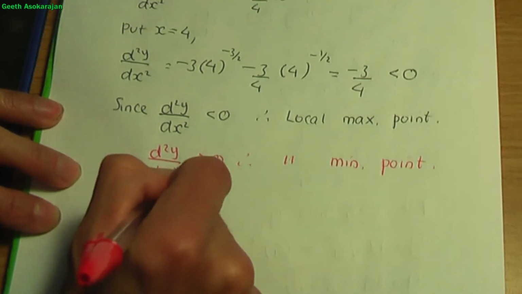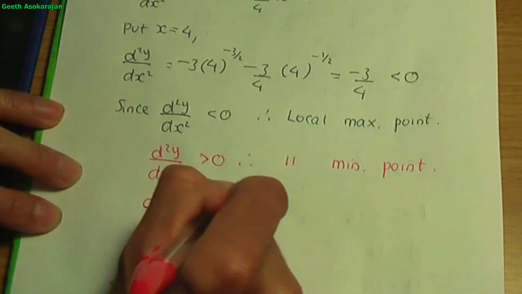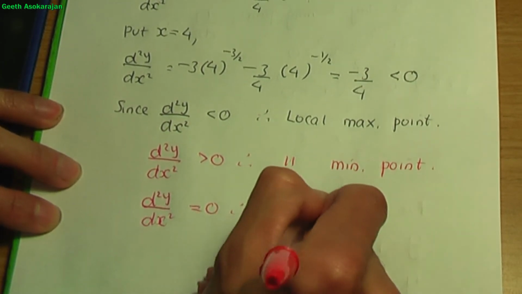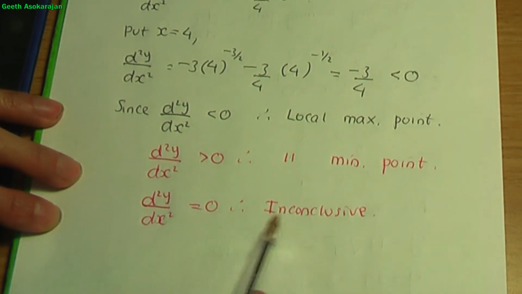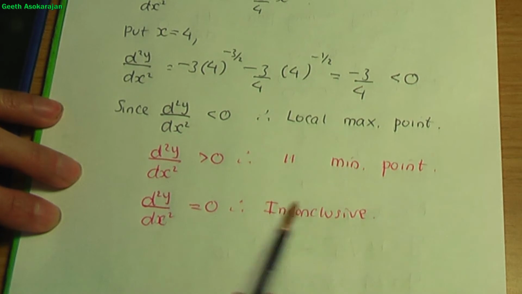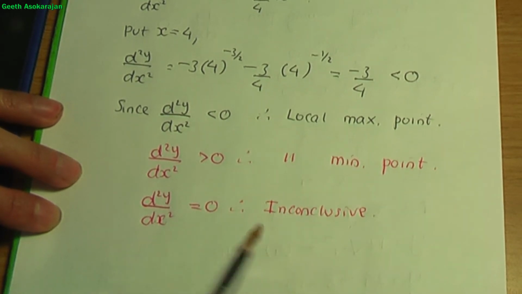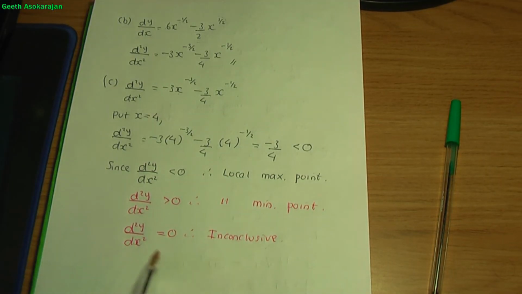And supposing d2y over dx squared is equal to 0, the test will be inconclusive, and you also need to consider the gradient either side of the turning point. But once again, in the video that I'm linking below, I'll go through the tests in detail. So be sure to check out that video.